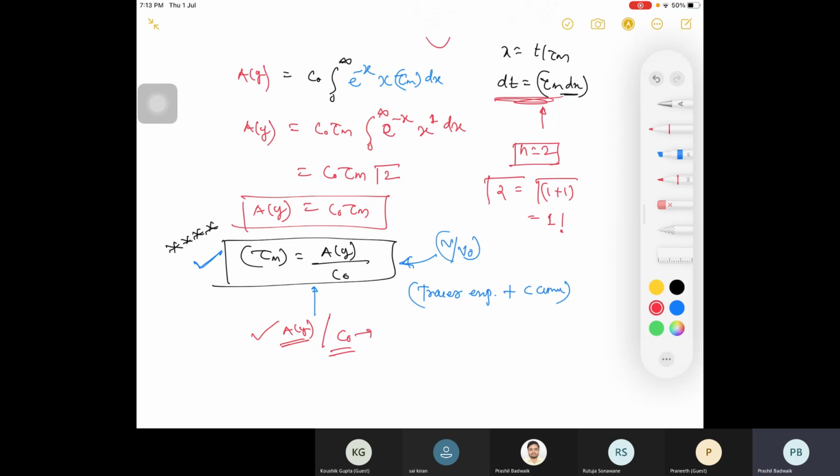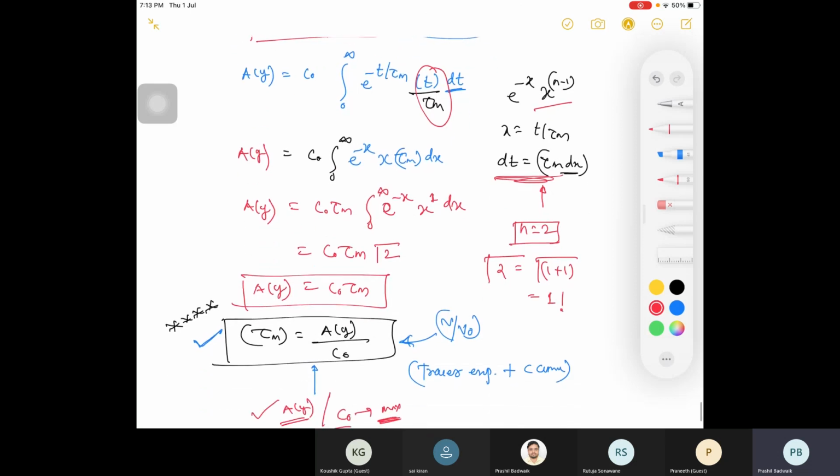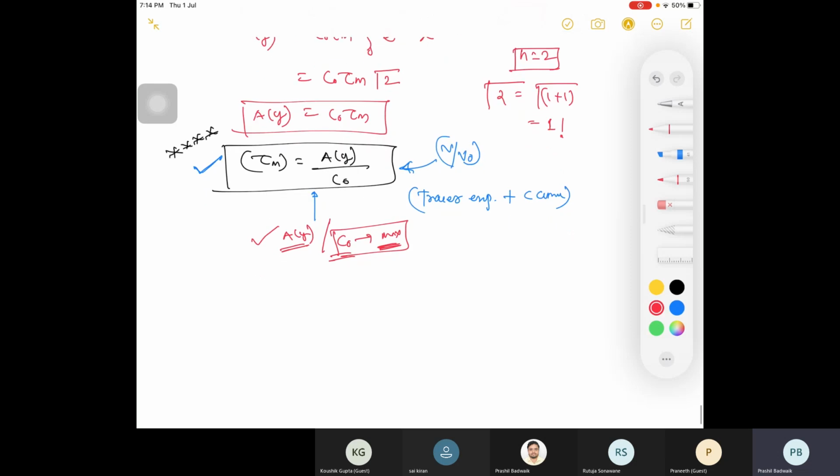Please make it maximum concentration because we used an assumption here, right? C naught is infinite or very high. Instead of infinite, you consider a very high value. You need to substitute that, then only you get this. Okay. Now, what is your cumulative RTD then? F of t.